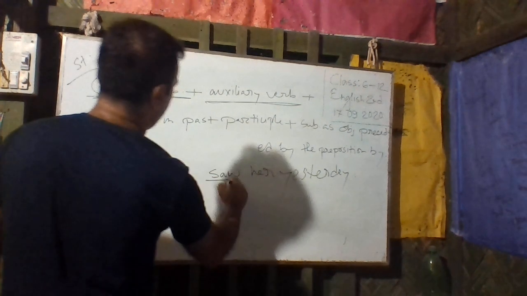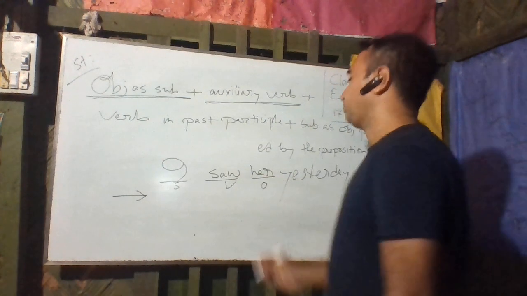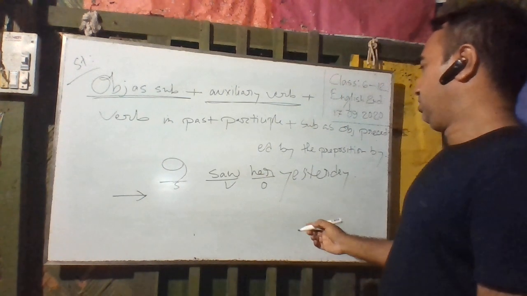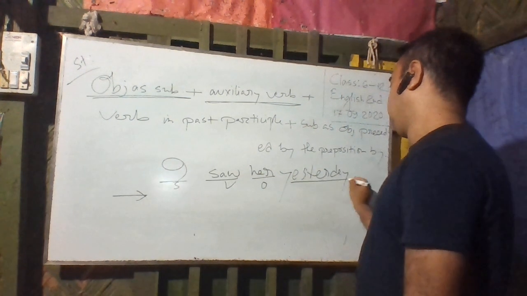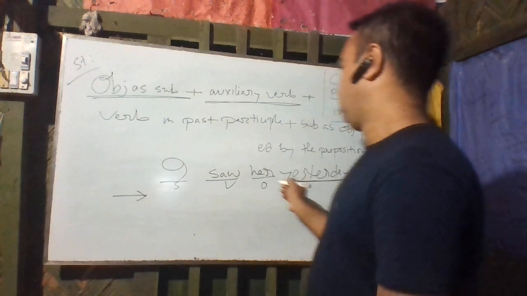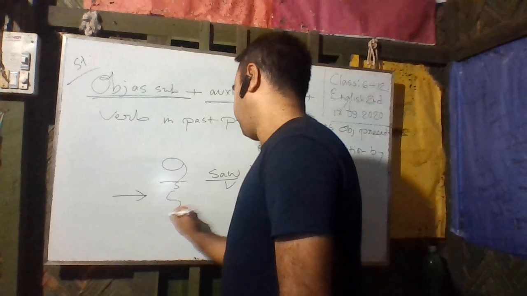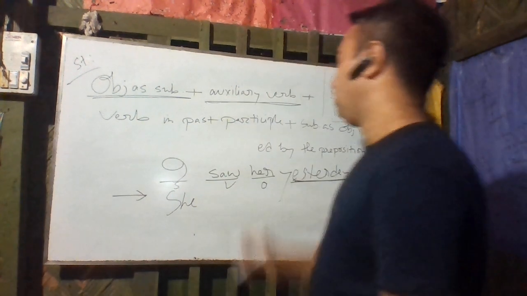Subject, verb, object. Extension, extra word. This is an adverb. Her, as a subject, it will be she. Then auxiliary.